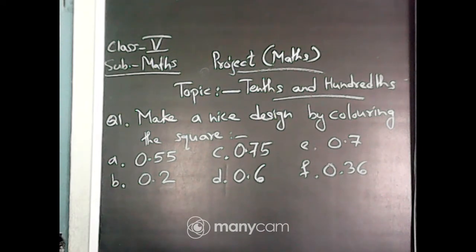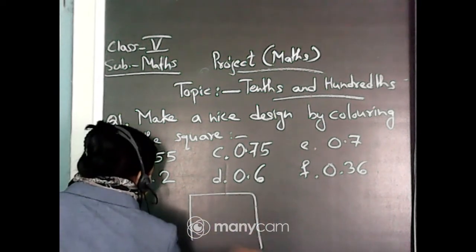Okay, and after that you have to color it. And next, after coloring you will write the thing in decimal as well as in fraction. Okay, after drawing you will write it in fraction as well as in decimal, suppose like this.